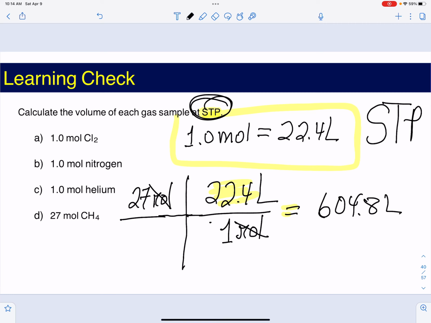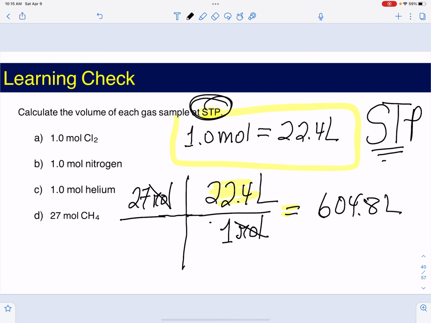which makes sense. If 1 mole of any gas takes 22.4 liters, then 2 moles should be double, right? Avogadro's law. So 44.8, and 3 moles is going to be 3 times that. So 27 moles is going to be 27 times 22.4, because it's that much for every 1 mole. So that's the important part here.